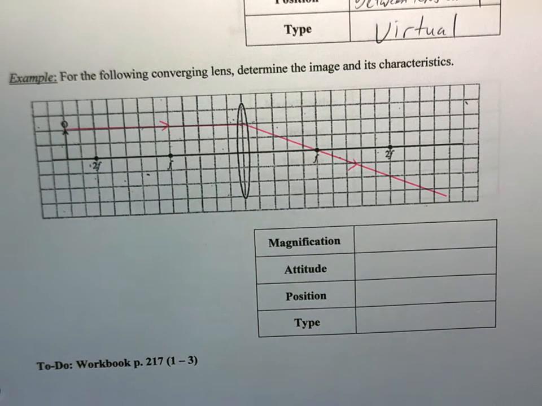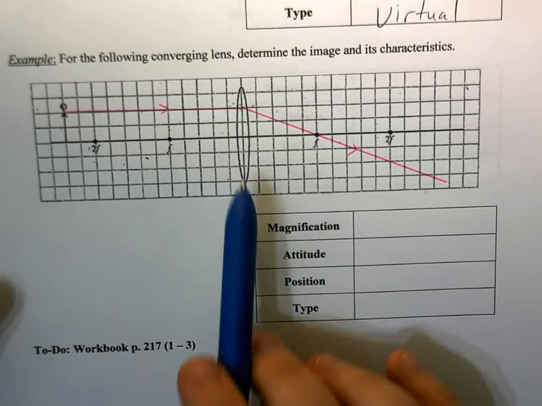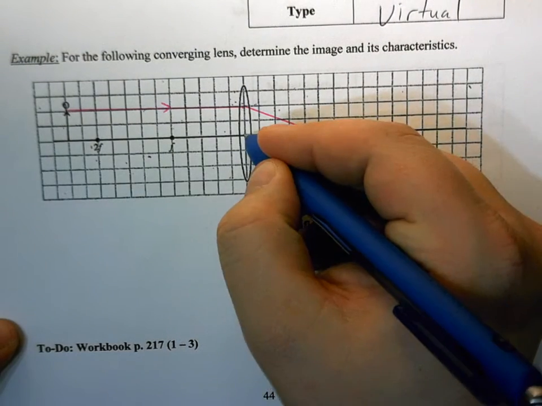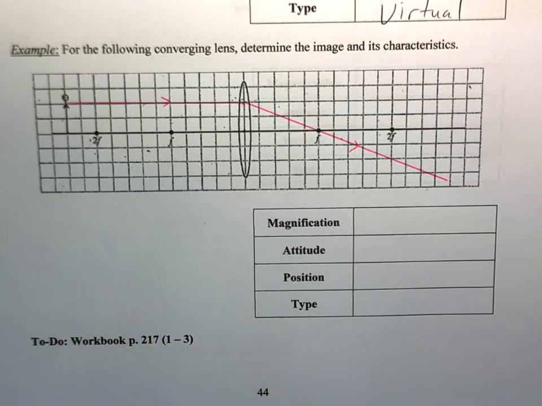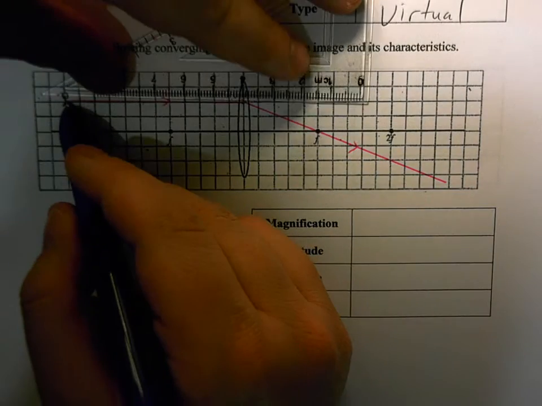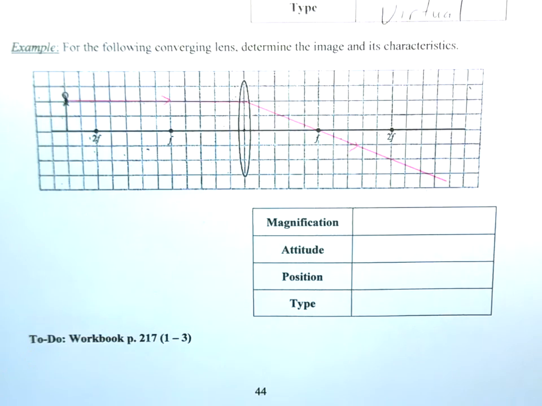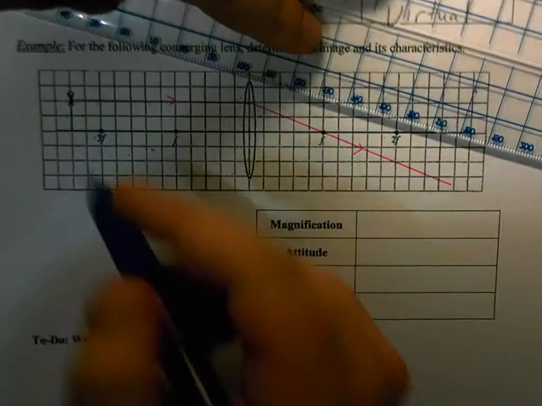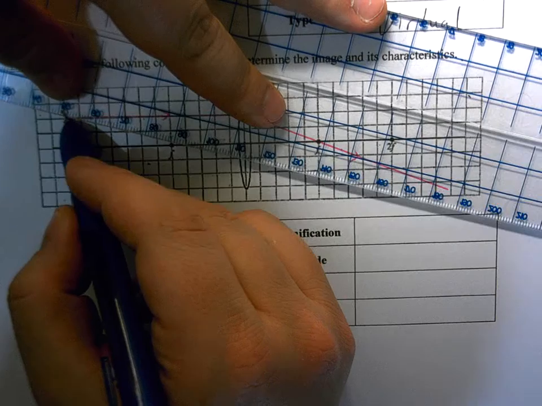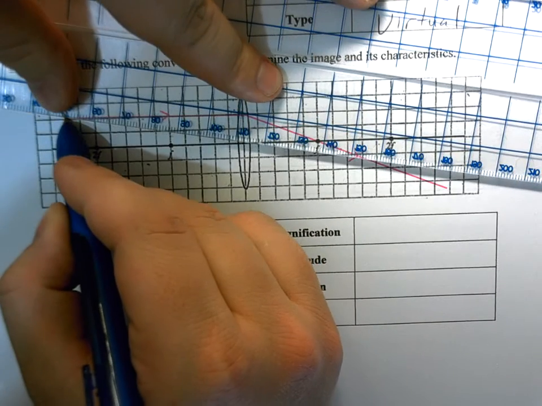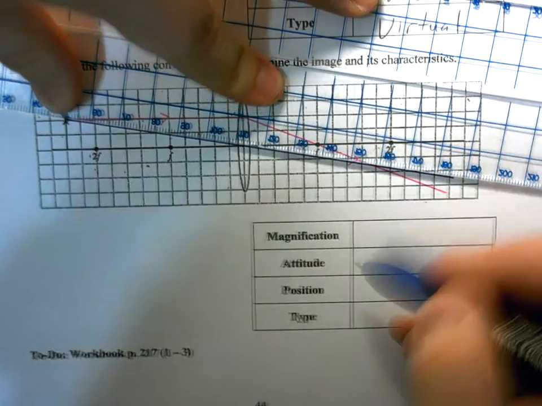You could draw the second ray if you wanted, but like I said, I like things easy. We're just going to draw it right through the center of the lens and continue on. Actually, I better get my bigger ruler for this. I'm going to get my really fancy ruler for this one. So we're going to draw something that looks a bit like that.